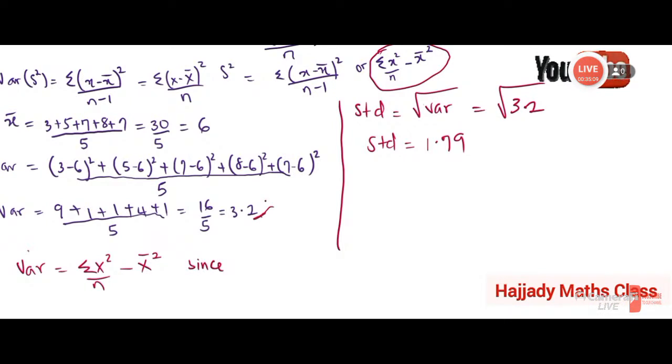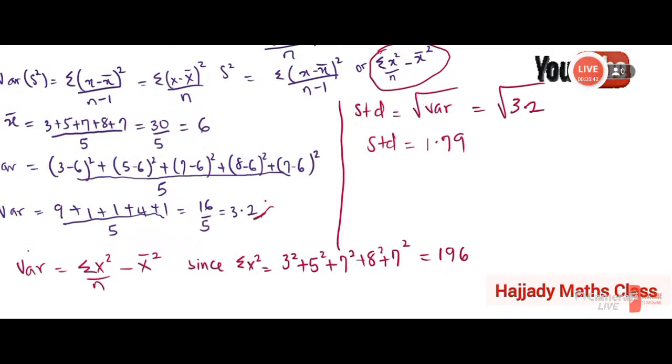That means each of the observations squared, that is 3, 5, 7, 8, 7: 3 squared plus 5 squared plus 7 squared plus 8 squared plus 7 squared. This is going to give me 196.